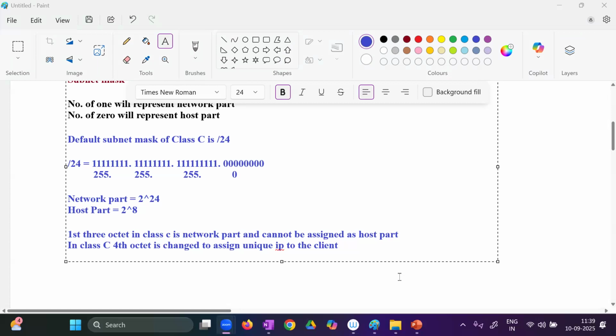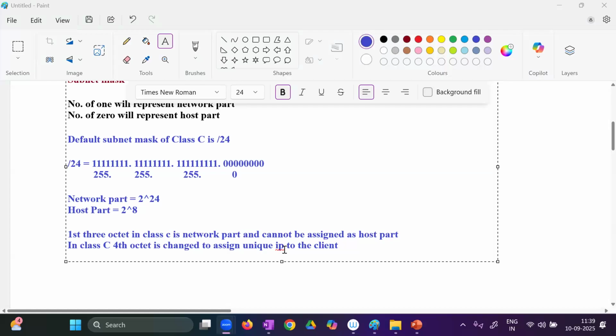So whenever at your home you are taking any Wi-Fi connectivity, you will find that you have an IP of class C, private IP. Why? Small network, less number of devices. That's why. Correct.